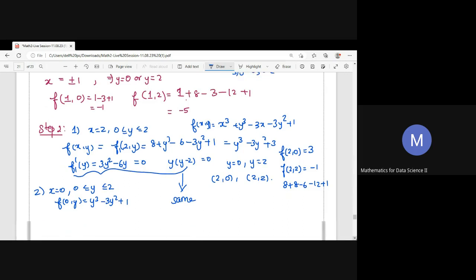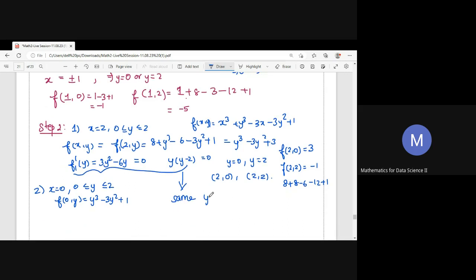But here you are getting y is equal to 0 and y is equal to 2. What is your x value? 0. So you have the points 0 comma 0 and 0 comma 2. Now what is f of 0 comma 0? It is 1.